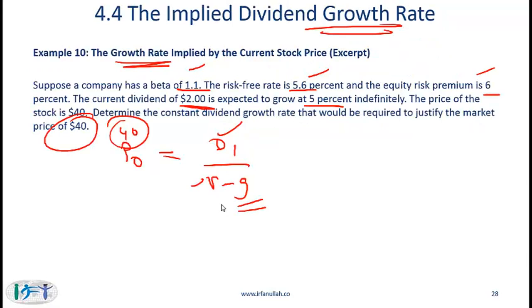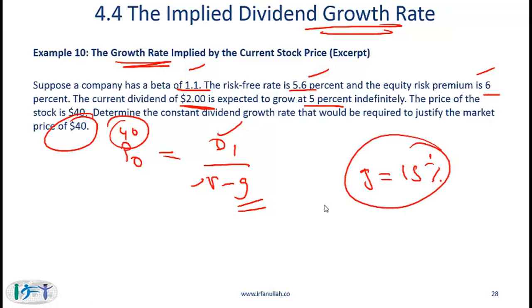And just as a refresher, this is something that we saw earlier. When you come up with the implied growth rate, you can figure out whether that growth rate is reasonable or not. If you come up with a growth rate of say 15%, which is much higher than what you think it should be, then does that mean the stock is overvalued or undervalued?